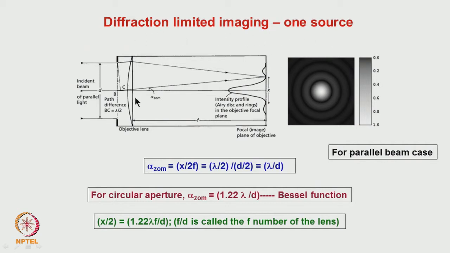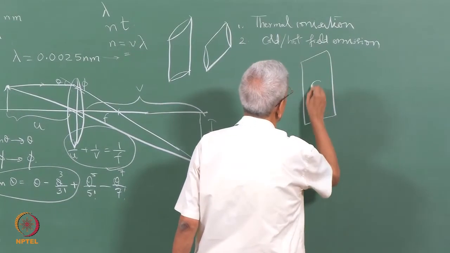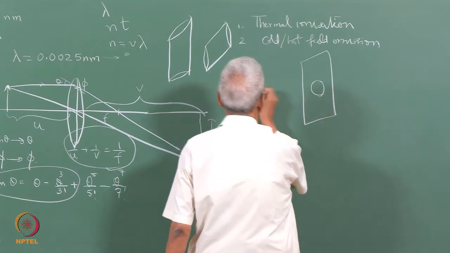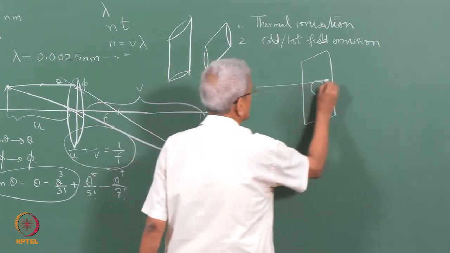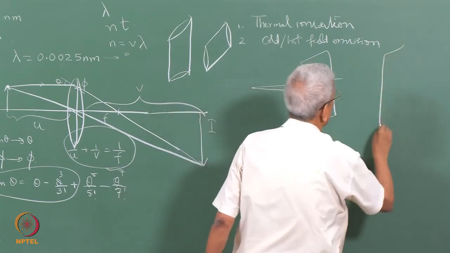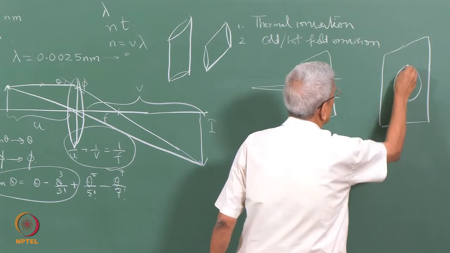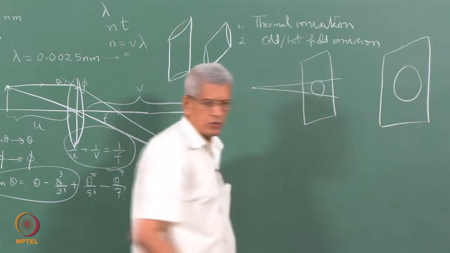Before we go into it, let us look at how this resolution itself is defined. We know that if we have a screen with a hole in it, and a light source from which the light is coming, this will form on the screen the image of this hole.